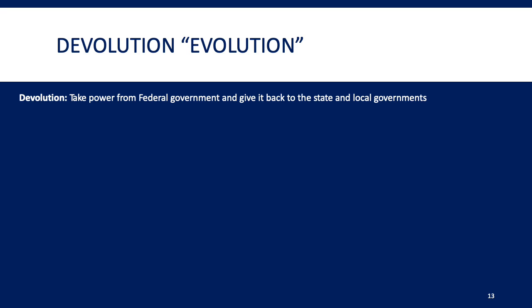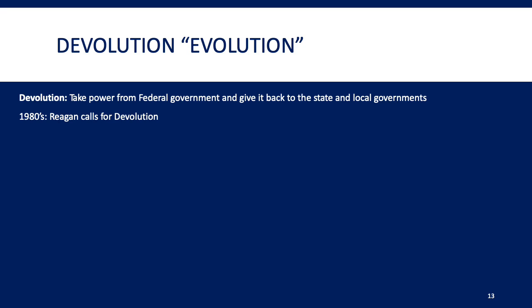So now we're like, whoa, the central government has too much power. Let's see instances in which the state and local government gain some power again. This devolution revolution began in the 1980s, right?